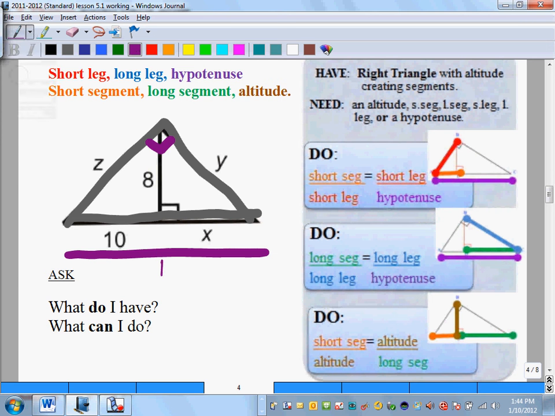That's the first thing you should try to find, the hypo. Then you have your legs. Normally you have a short leg and a long leg. We don't really know which one is which here, so I'm just going to randomly choose. This is going to be my short leg. Long leg.